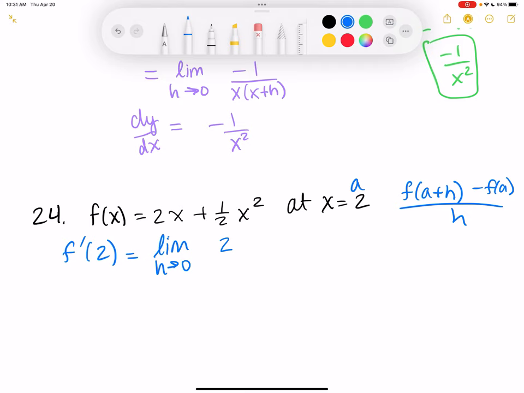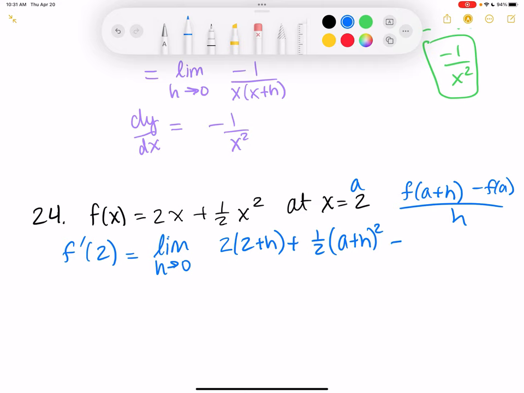So I'm plugging in a plus h anywhere I see an x. So 2 times a plus h, plus, I still have to do the second part, 1/2 times a plus h squared. That's just accounted for this first part.